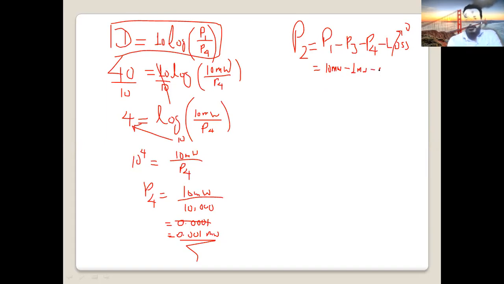How much is P4? 0.001 milliwatt. So this will be around 8.99 milliwatt. You can determine it. So 8.99 milliwatt will transmit directly from the input to the output, but the remaining signal will be sampled and go to P3 and P4.